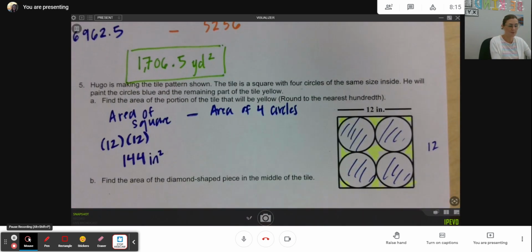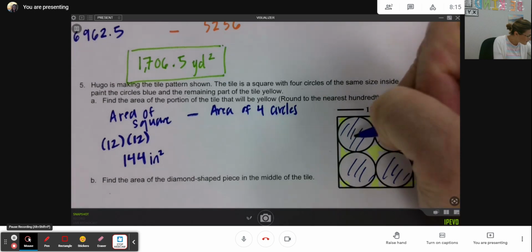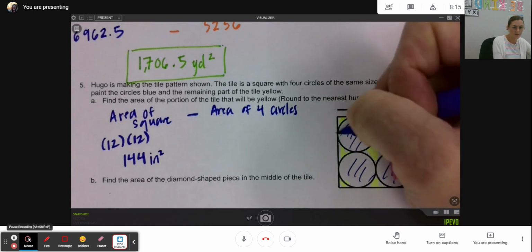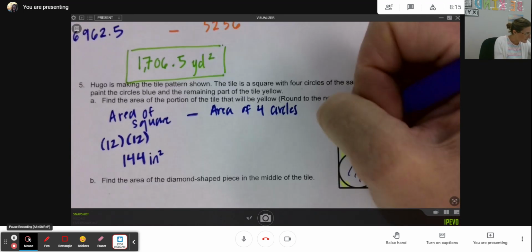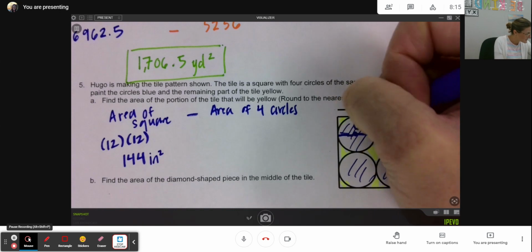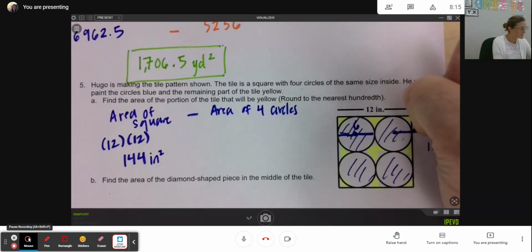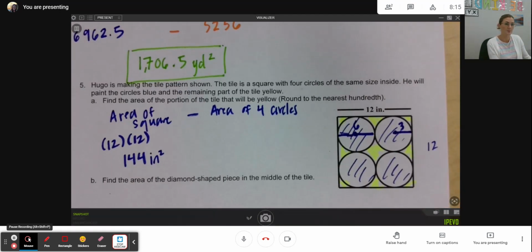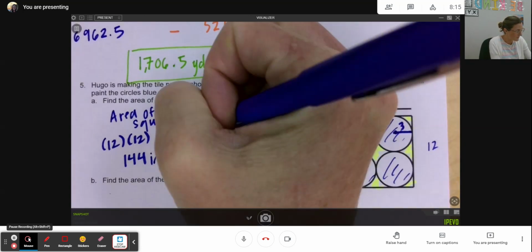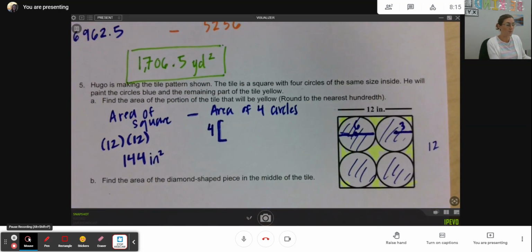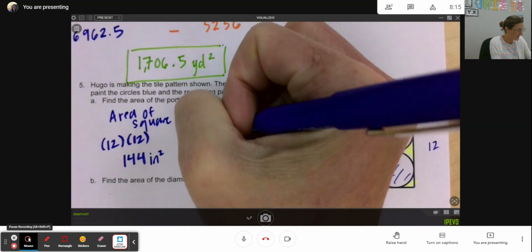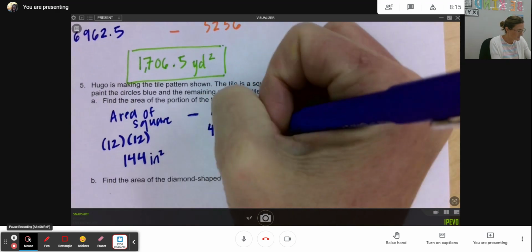Now, the area of the 4 circles. If it's 12 all the way across, that means the diameter of one of the circles is 6. So all the way across here is 6. So that means that the radius of one of the circles is just 3. So I need to multiply my 4 circles because I'm going to find the area of one of them. And that's pi times the radius squared.